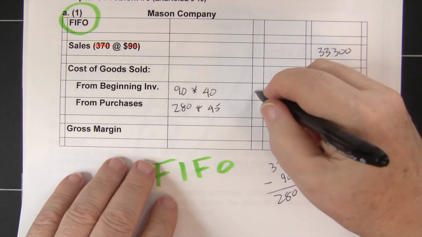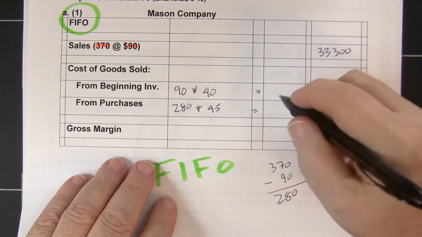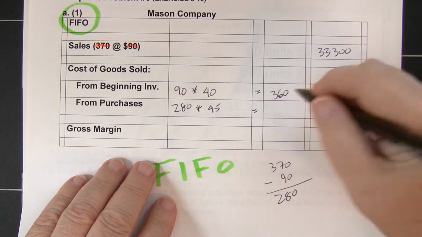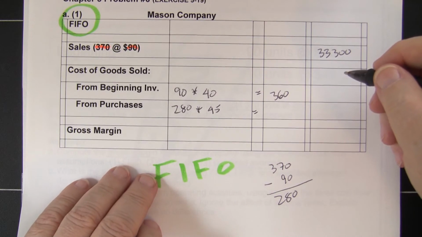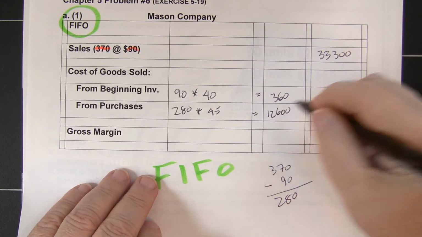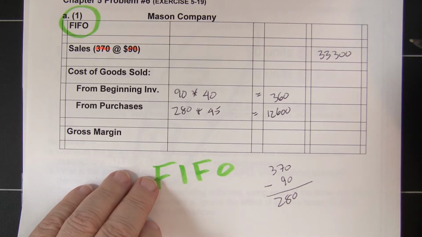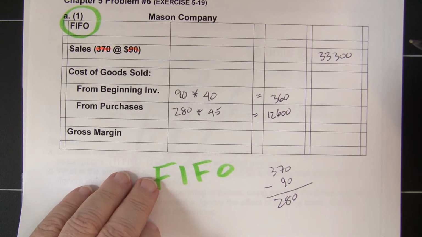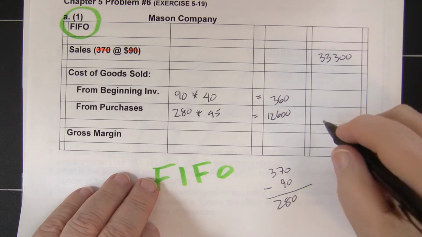So let's do our multiplication. 90 times 40 is 3,600. 280 times 45 is 12,600. And no, please don't think I'm a genius. I'm reading from the notes I worked up a few minutes ago.